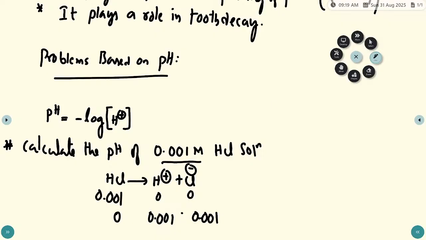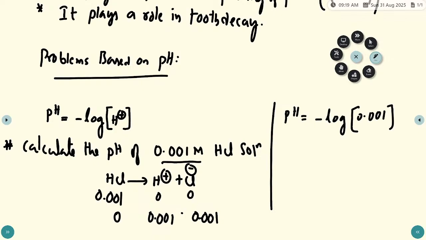See, so pH is equal to minus log of the concentration, which is 0.001. This is the concentration, isn't it? So you can write 0.001 M, and directly substitute that value for H plus.